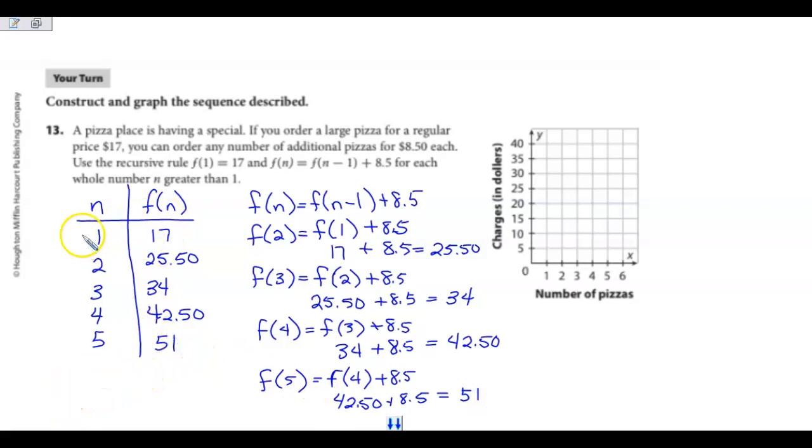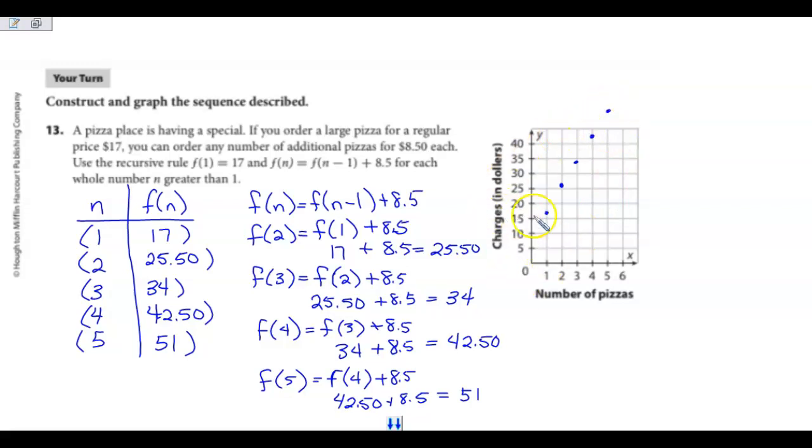All right, so now we have our ordered pairs. Our 5 ordered pairs, we have 1 and 17, 2, $25.50, 3, 34, 4 is $42.50, and then 5 will be up here above, so it'll be up here somewhere.